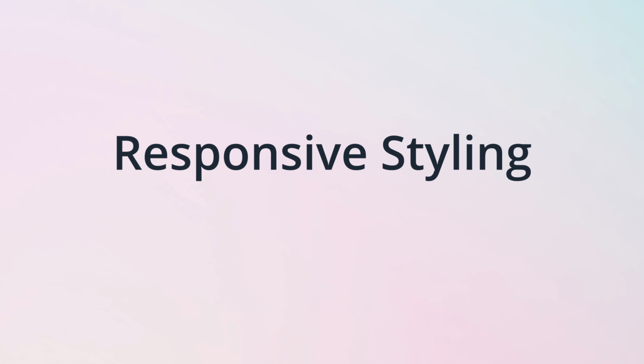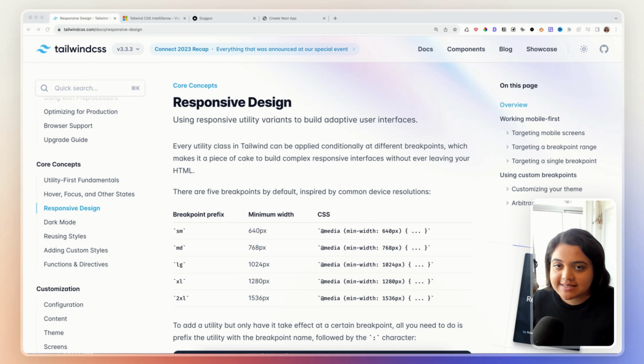Responsive design. Now, we have so many different screen sizes. We have a laptop, mobile, and all sorts of sizes. At the same time, we have tablets and so on. Also, really wide screen monitors. So, we really need to make sure that we are styling accordingly. Now, in the CSS world, we would essentially be using media queries, saying that if its min width is this and max width is that, then this is what the behavior should be.